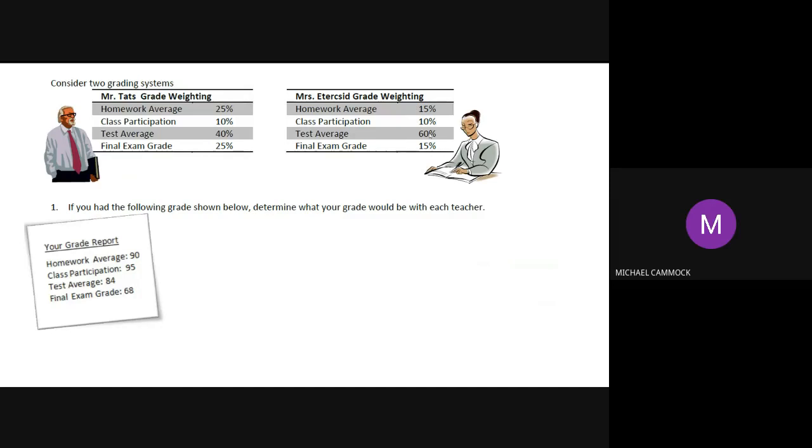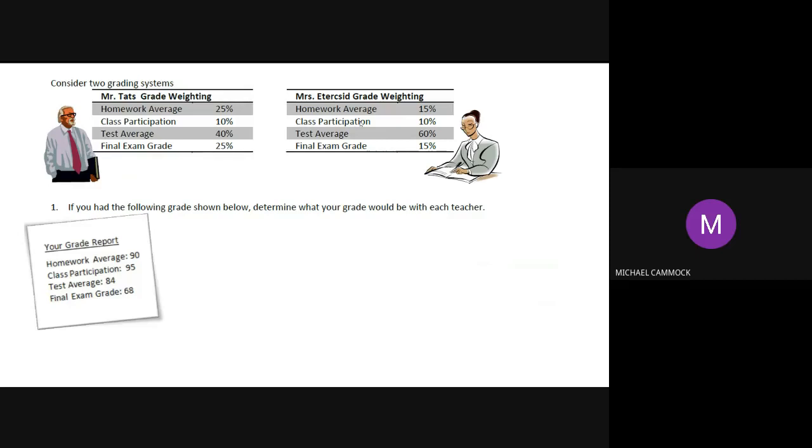She gives more for the test, right? And she doesn't have as much on the final exam. So this teacher is putting most of her weight on her test average, not on the final. This other teacher over here, he's putting most on the test as well, but he does tend to put not as much on the test because he puts more into the final than Miss etc. does.